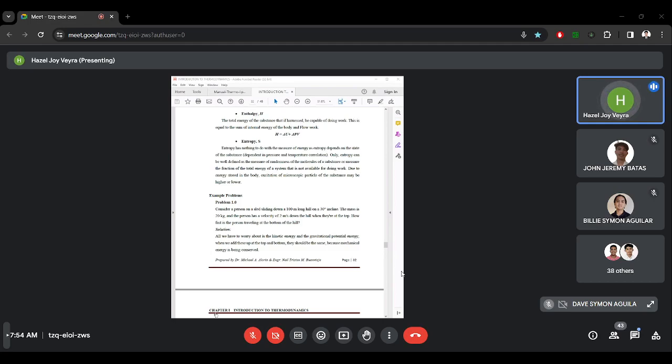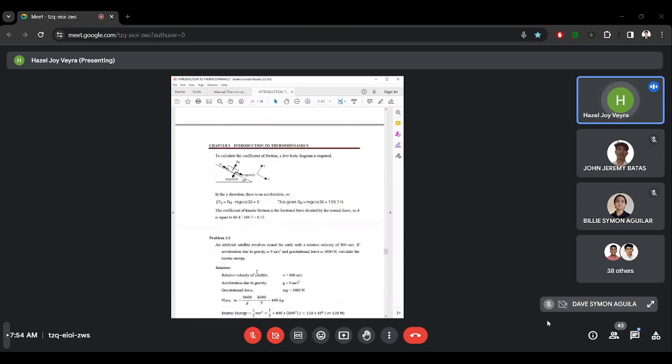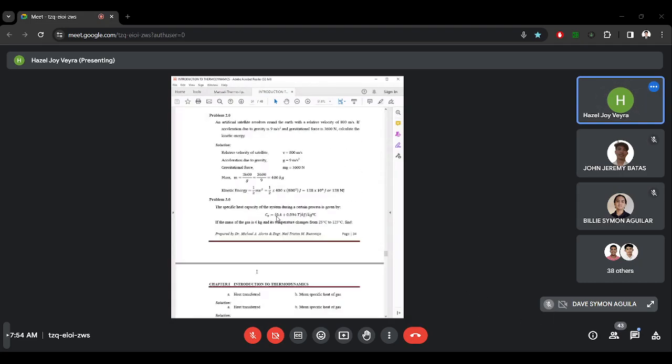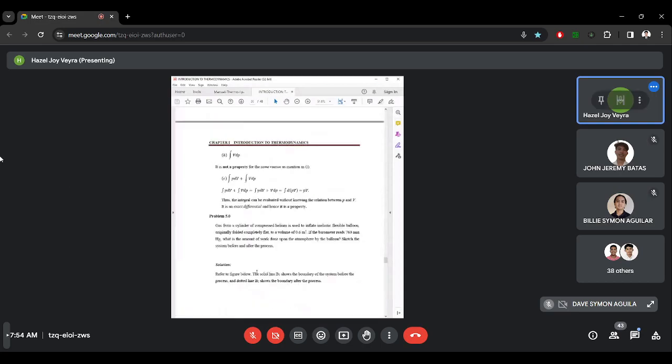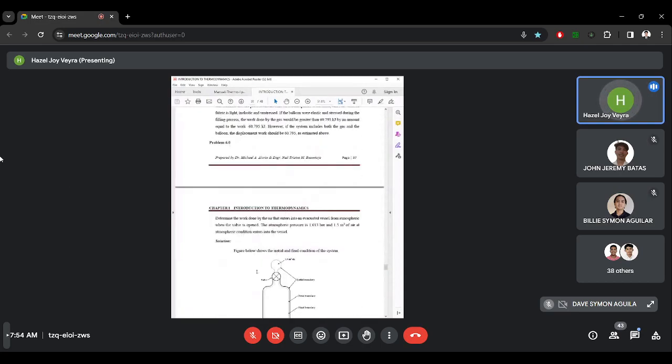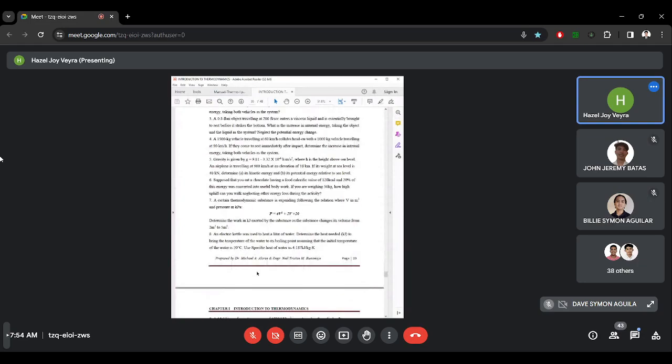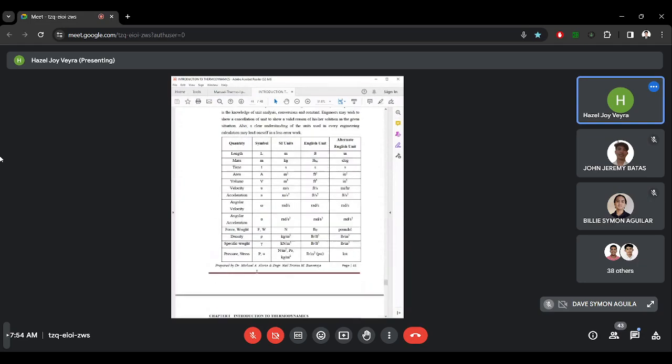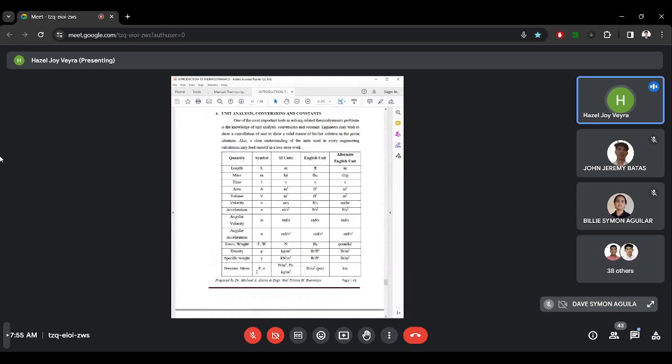So, punta muna tayo sa next topic, which is, ito class expectation ko na lang ha na you are all aware of this table.